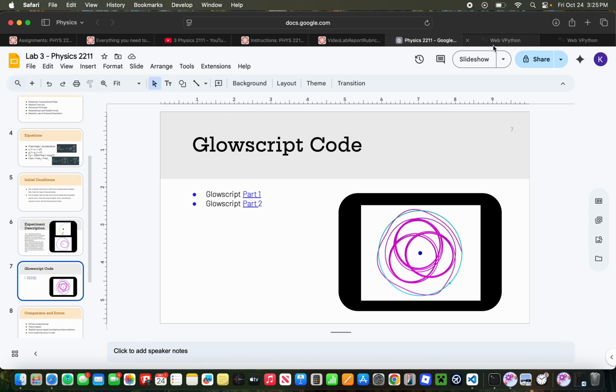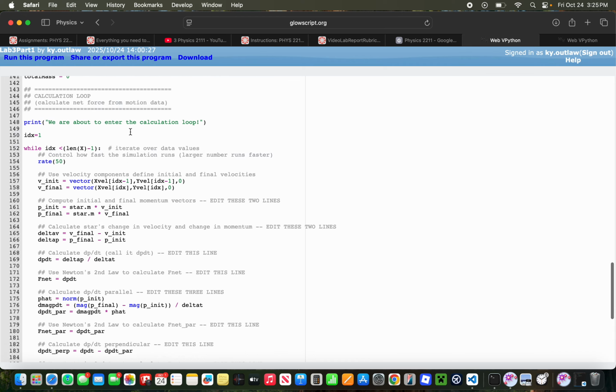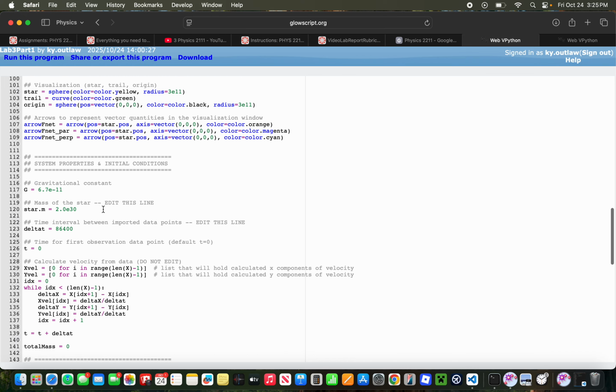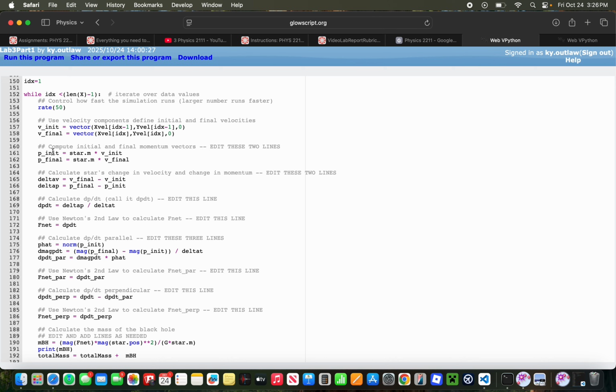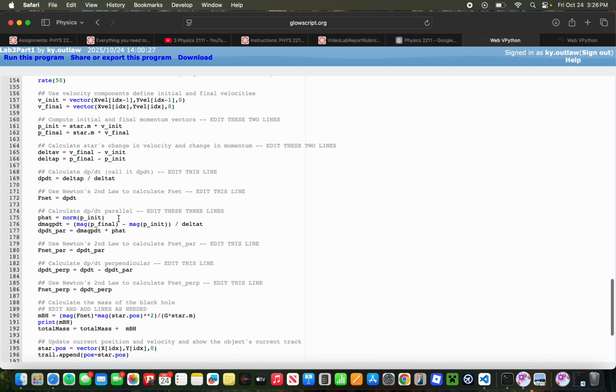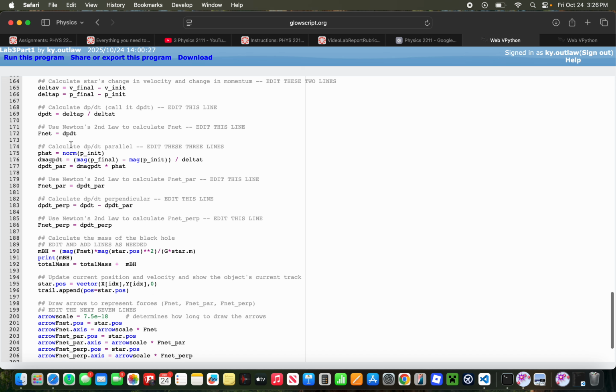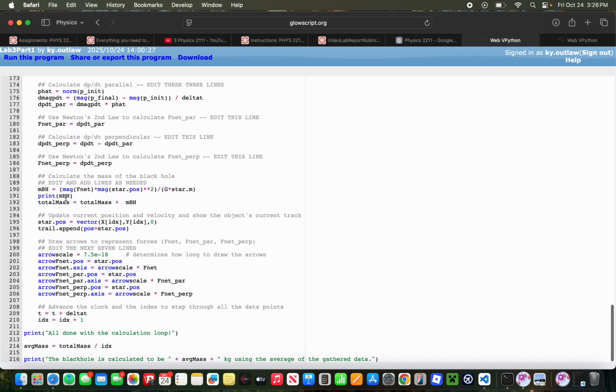And so we go to our code here. We can look at the first one. We update our different components, so our momentum, our change in velocity, and change in momentum. We find our different forces in the parallel and then perpendicular directions, showing the relationship of each.